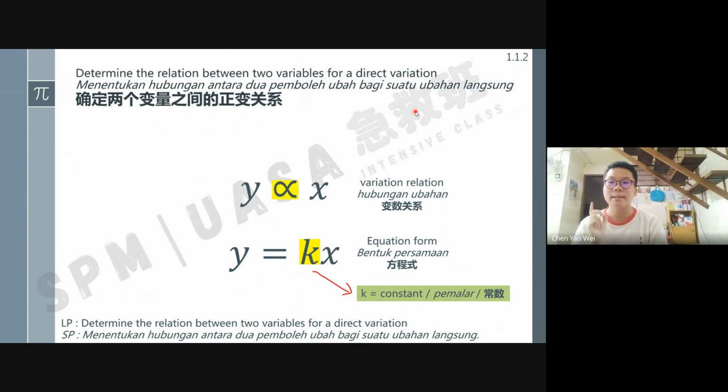I think you have learned this since primary school science, and also in physics. When you do experiments, you learn about manipulated variable, responding variable, and constant variable. That is actually the same thing as variation.